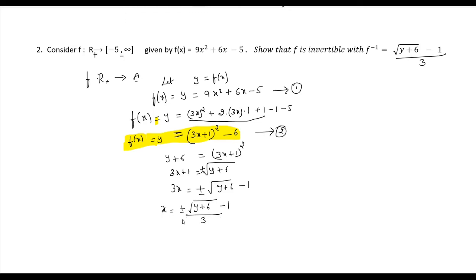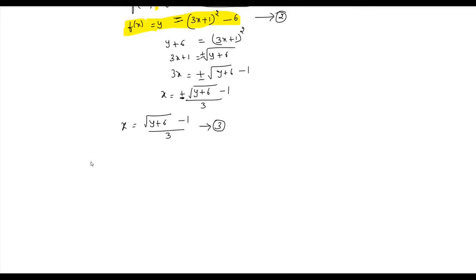Now, you can see that x is a domain element of the function f, which is this positive set of real numbers. So, x cannot be negative. We cannot consider this negative sign. x will be (plus root of y plus 6, minus 1) whole divided by 3. I will call this as equation 3.